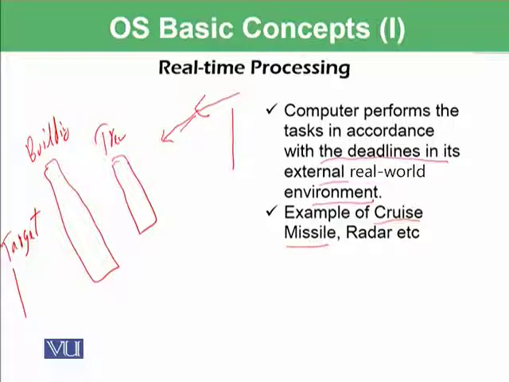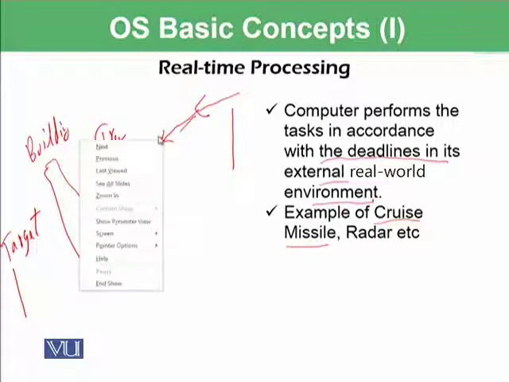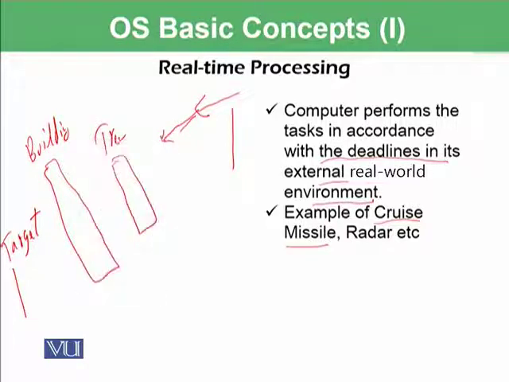If the cruise missile is going over here, and with its sensor it understands that there is a tree in front of it, and it calculates that it will take, for example, 2 milliseconds to reach this tree, then within these 2 milliseconds the cruise missile needs to make the decision to go somewhere like this and come back to its low profile.